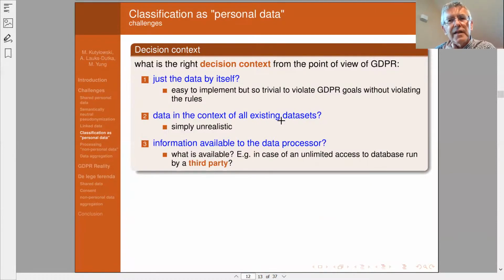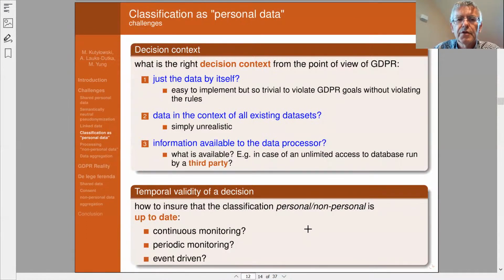But of course, it is problematic because we have to make the decision in real time, and we do not have time or even resources or the rights to inspect other databases and make some complicated analysis. So then, information available to this data processor, the party that is making the operation. Of course, it is a little bit complicated, but it seems to be the best solution. But even that, we create problems with time.